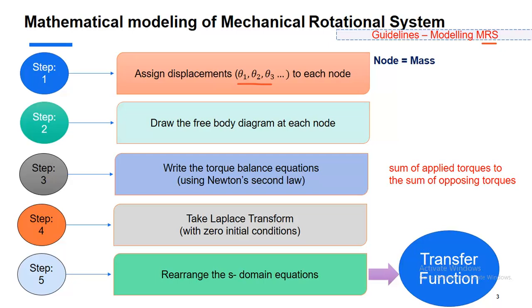For each node, we have to write a torque balance equation, and before that you have to sketch the free body diagram. By writing the torque balance equation, you will get a differential equation. For that differential equation, we have to take a Laplace transform. Then we have to rearrange those terms. We will get the required transfer function.